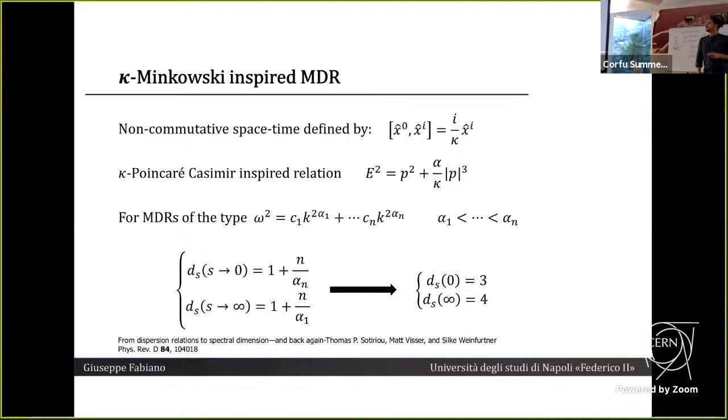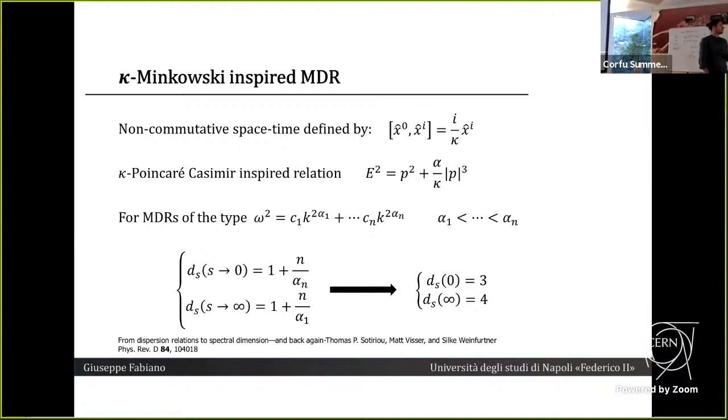It's the case of the kappa-Minkowski non-commutative spacetime, defined by the brackets shown at the top of the slide. What one studies, and I will not talk about it here because of time, is that there exists an algebra called the kappa-Poincaré algebra that leaves that commutator covariant.